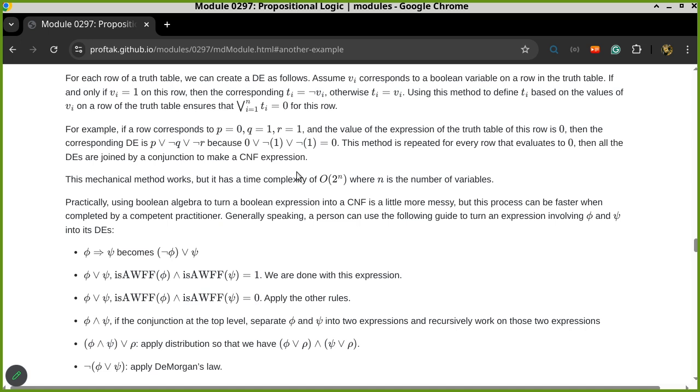So the new definition of what is well formed is saying a Boolean expression that is well formed can only be a disjunction of something. There's no conjunction anymore. And inside the disjunction, you can only have either something from alpha or the negation of something from alpha.